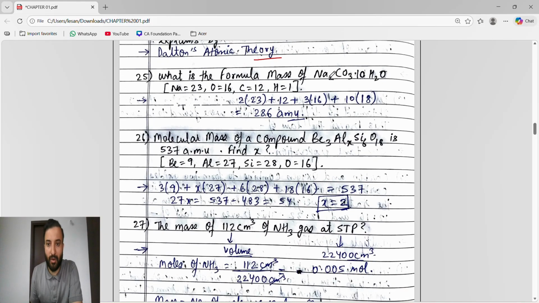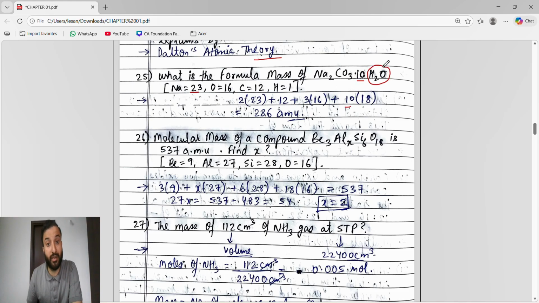What is the formula mass of Na2CO3·10H2O? They have already given the atomic masses for all. Na is 23, so 2 into 23, plus, because after every element we have to do plus, carbon is 12 and we have 1 carbon, plus oxygen is 16 and we have 3 oxygen, plus 10 H2O.